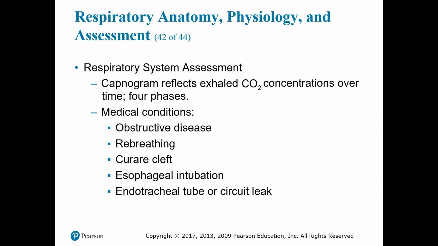Endotracheal tube or circuit leak waveform variations are seen where there is a leak in the endotracheal tube cuff or the airway is too small for the patient. Those will generally have variations in the waveform. You won't have the classic up, plateau, down phases.